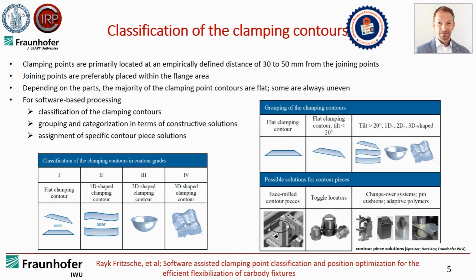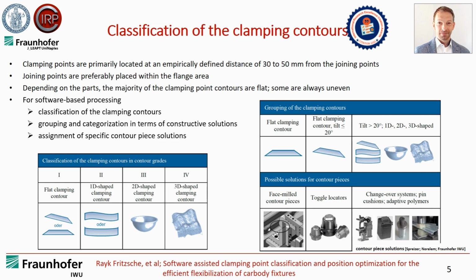After that, we do a grouping and categorization in terms of the constructive solutions and an assignment of specific contour piece solutions. So you can see that contour grade 1 is further divided into 2 groups.